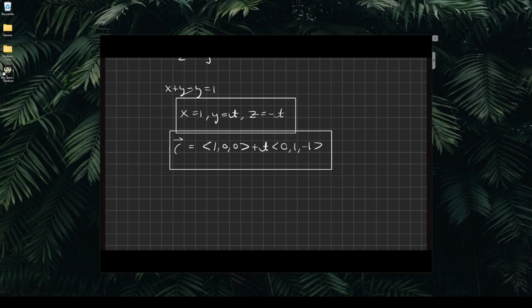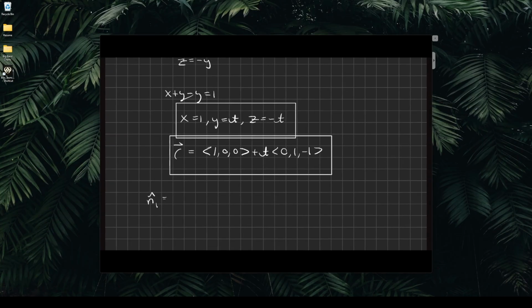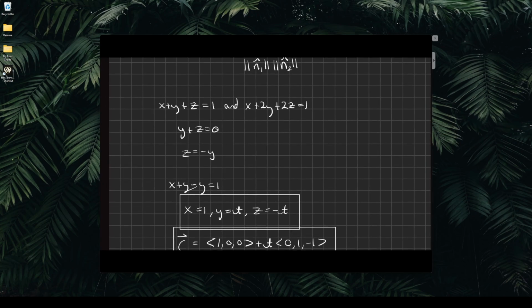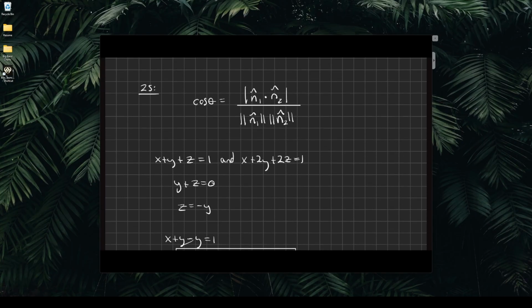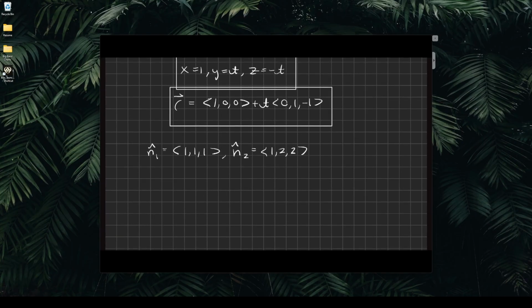Okay, and then now we need the normal vectors. So our n1 would be, we could use the vector 1, 1, 1. And our n2 would be 1, 2, 2. Yeah.